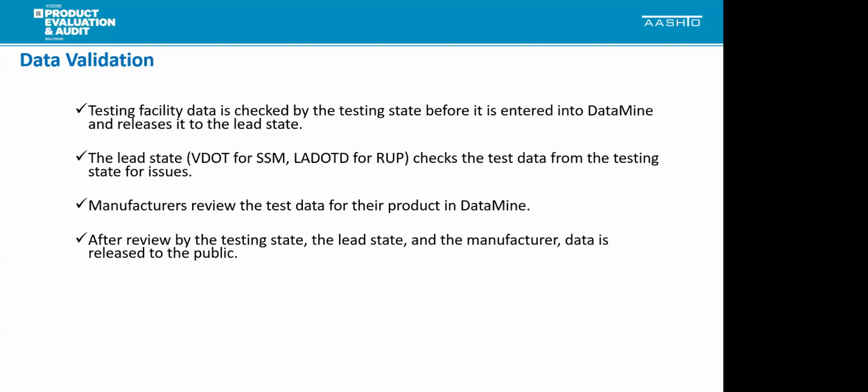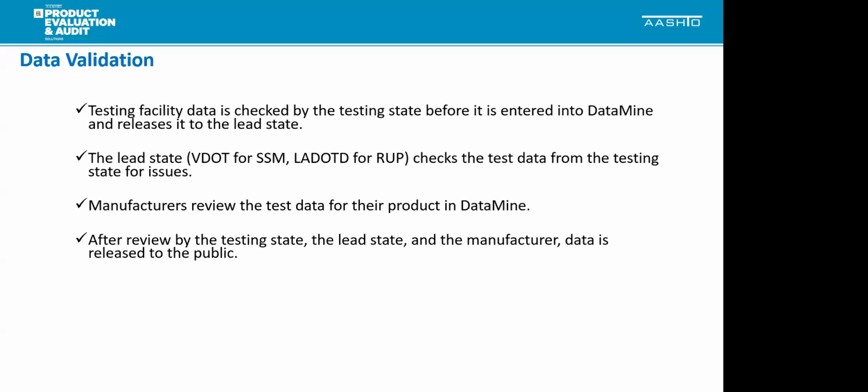So the lead state will compare data from each state. This is after the testing state would check their own data, but then we give the manufacturers a chance to review their data and catch anything odd that they see.